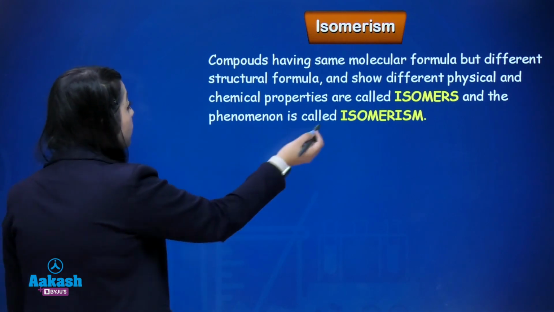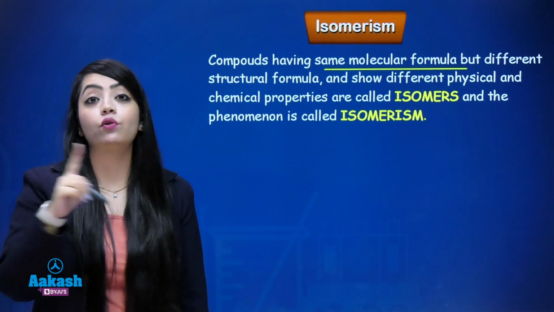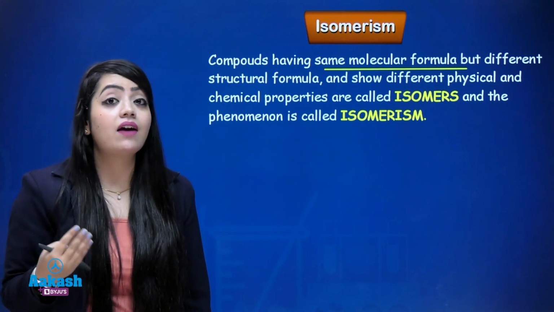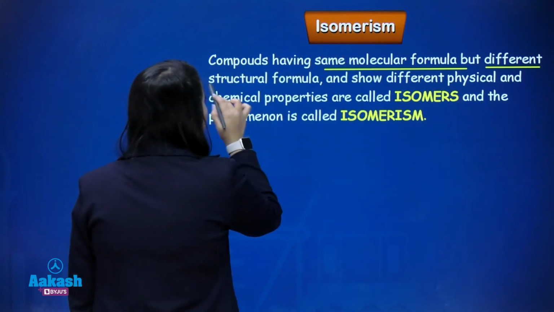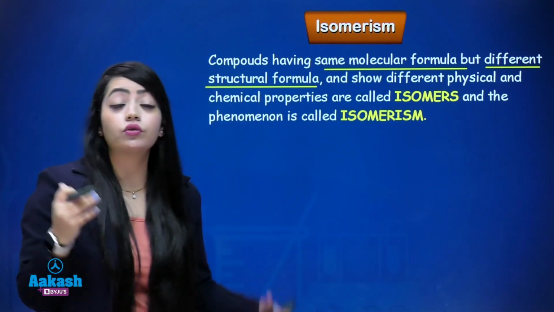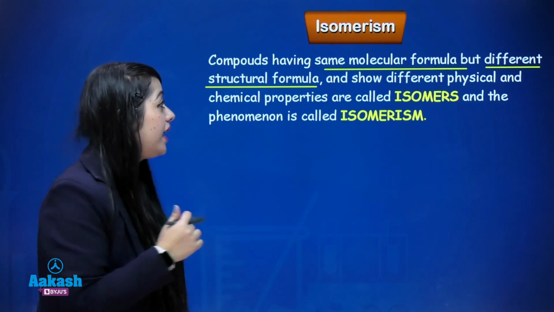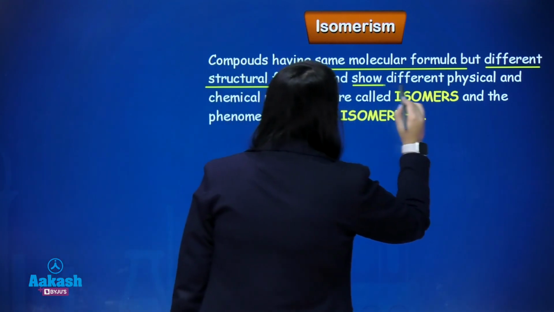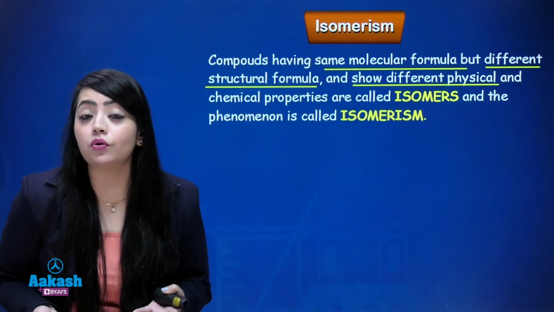The compounds which have same molecular formula, जैसे हमने अभी देखा, that is C4H10, right? Both of them were having same molecular formula, but they were having different structural formula, right? Structures जो दिखने में है, that are different. जो attachment है carbon की, that is different, right? So due to this, they show different physical properties. उनकी density भी अलग होगी, right students?